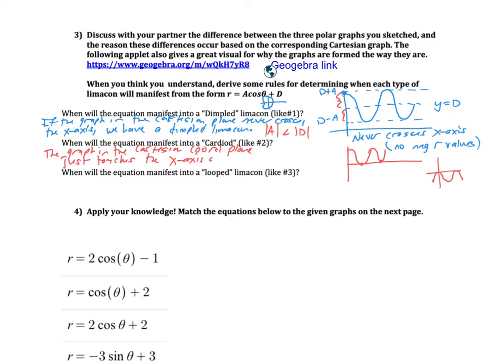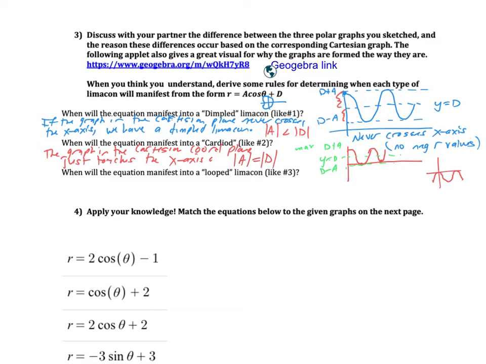And that happens when the absolute value of a is equal to the absolute value of d. And if I were to put my midline on, this would be y equals d, and then the maximum would be at d plus a, and the minimum would be d minus a. And that would be right at y equals 0.